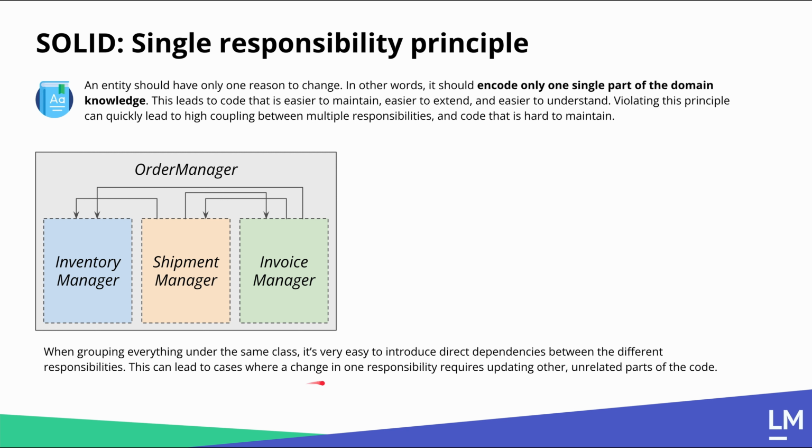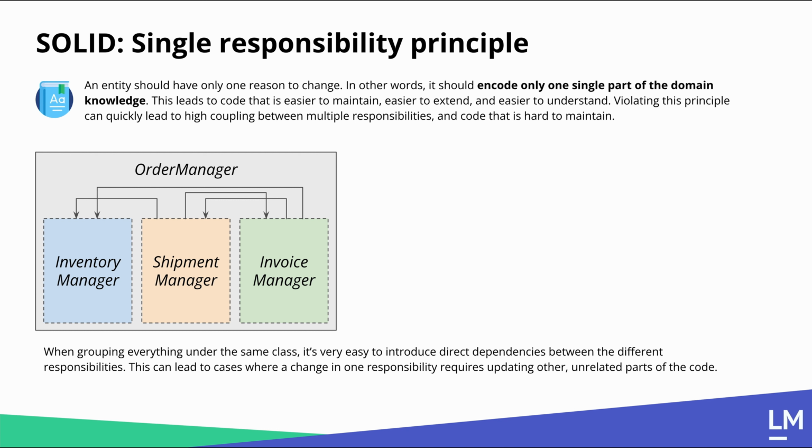And this can lead to cases where we are changing the inventory management, for example, and we need to directly change shipment and invoice management. And here we are working always with details. And we don't like to work, as we already discussed, with implementation details.